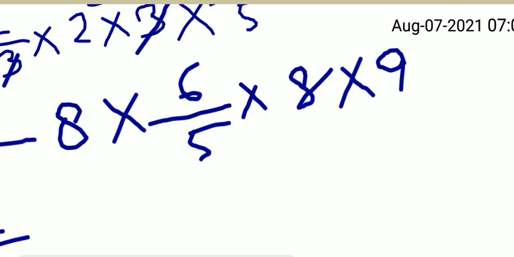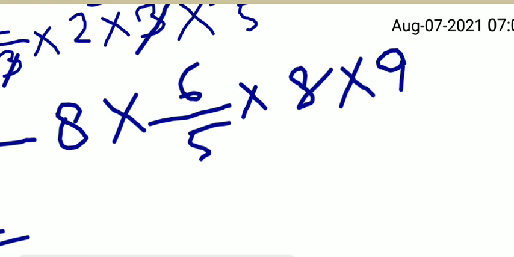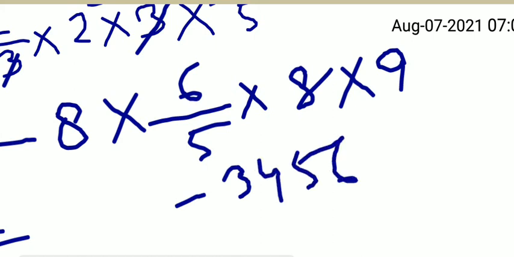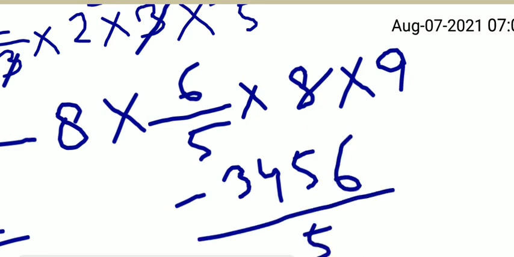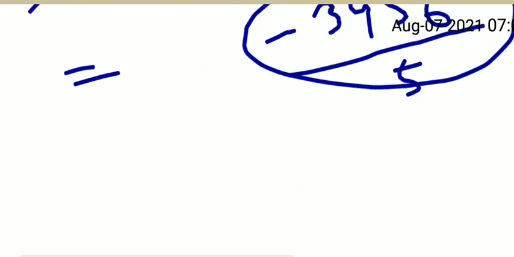So the upper side comes out 8 nines are 72, and 6 is 48. So it will be minus 3456 by 5. This result comes out.